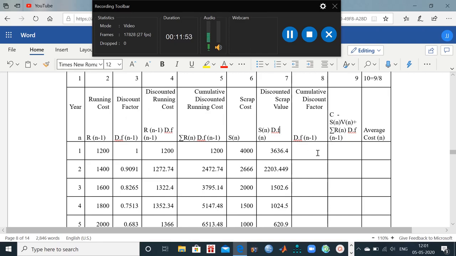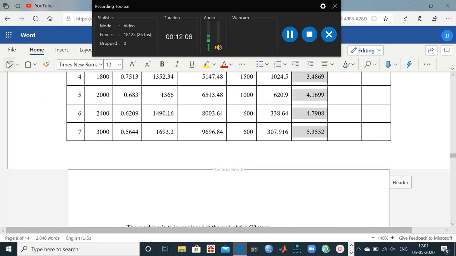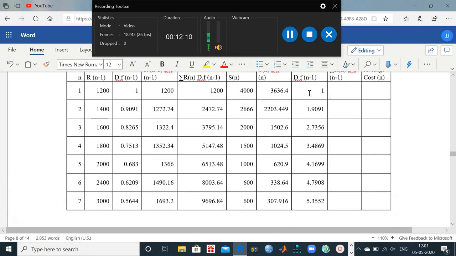So here it would be 1, then 1.9091, then 1.9091 plus 0.8265, and so on. So if we have a look at it, then this is what we should be having. This is what we have, the cumulative discount factor.